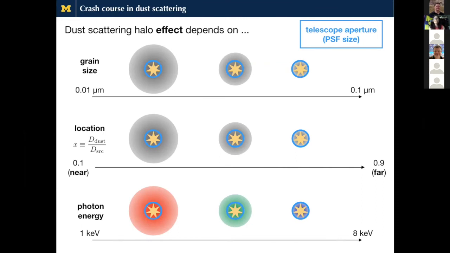And in other cases, it's not, because your point source aperture completely encloses the dust scattering effect. So Chris did mention this previously in his talk, but basically this gives us a slightly complicated situation where not only does the dust scattering component to extinction depend on a variety of physical parameters, it also depends on our telescope.